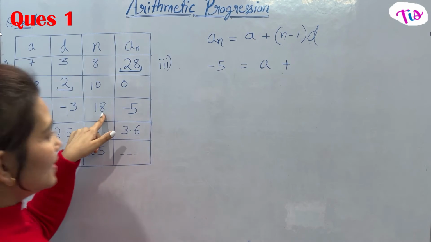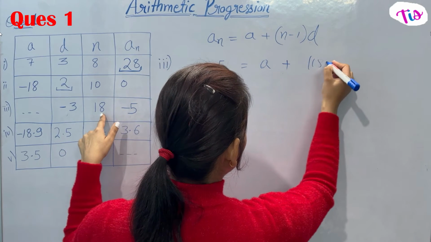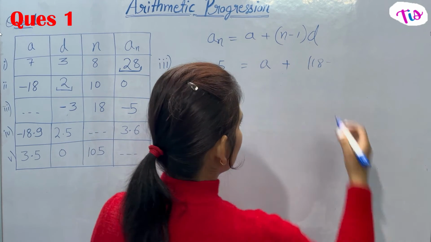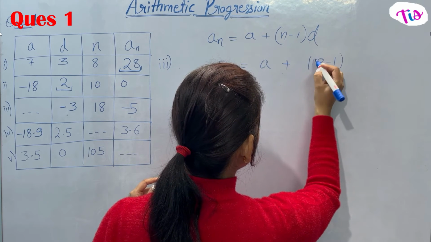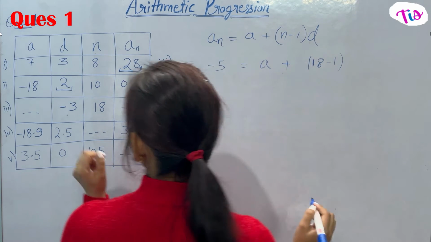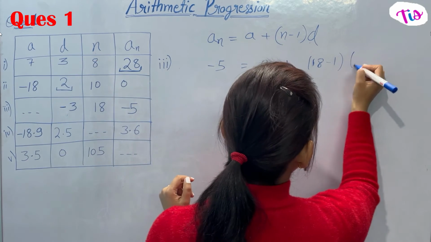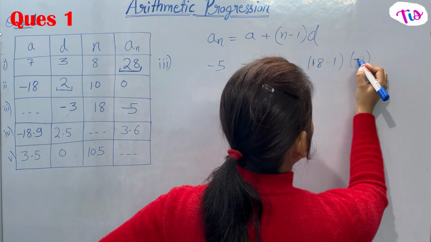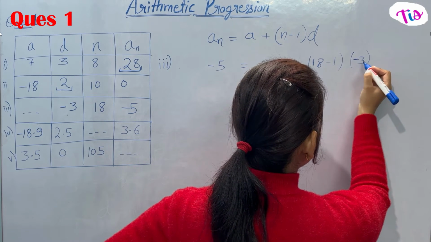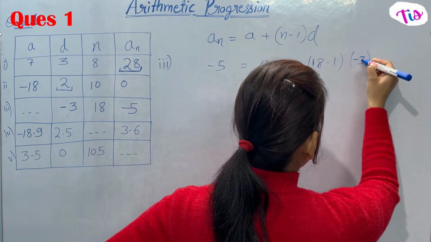What is n here? 18. So 18 minus 1 d. What is d here? d is minus 3. It has a minus sign, so that's why I am enclosing it in a bracket.